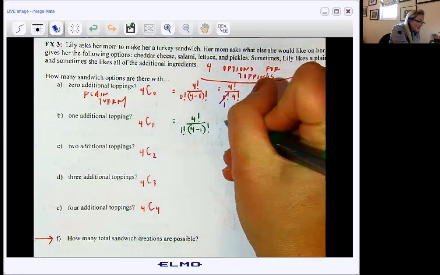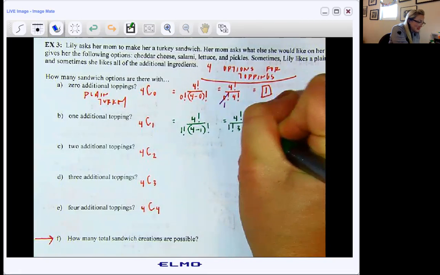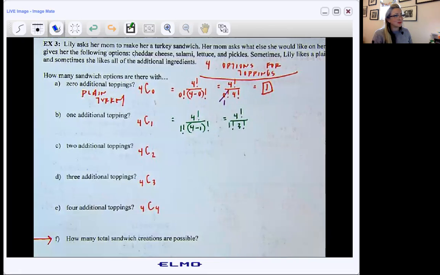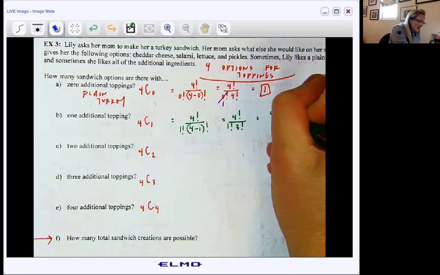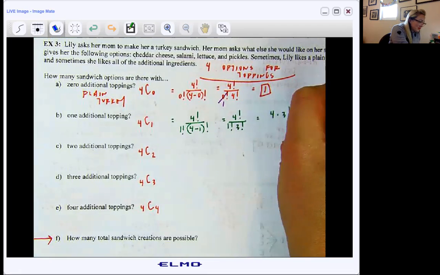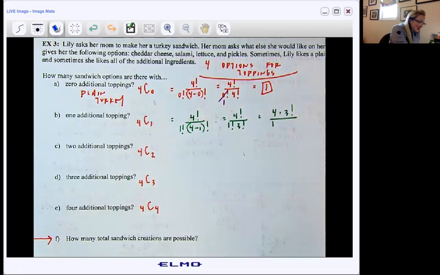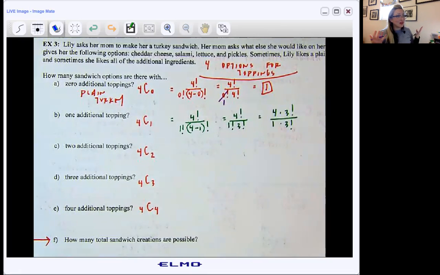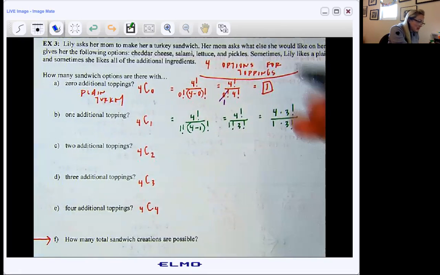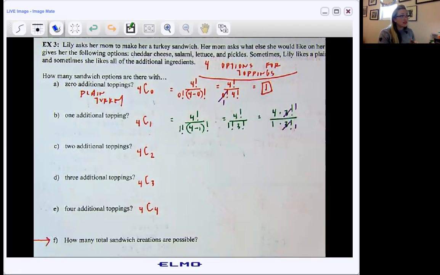So here I have 4 factorial over 1 factorial times 3 factorial, like that. So if I work this out longhand, that's like saying 4 times 3 factorial. 1 factorial is just 1, and I still have that 3 factorial right there. So again, anything over itself is just 1. So here these cancel away 1 to 1. So I end up with just 4.